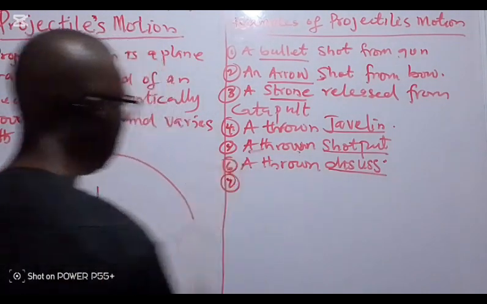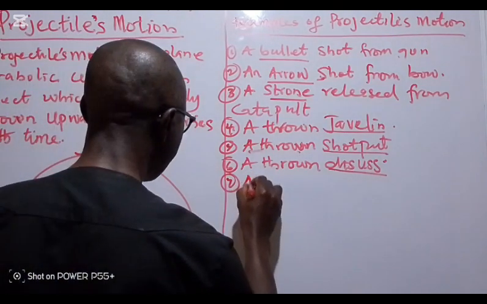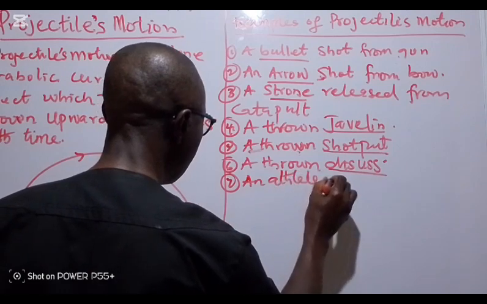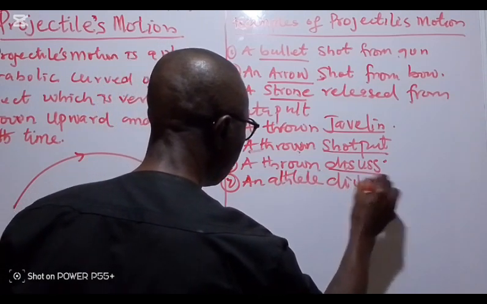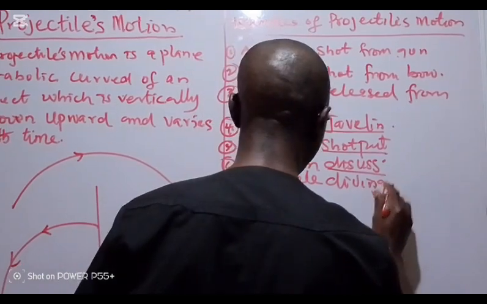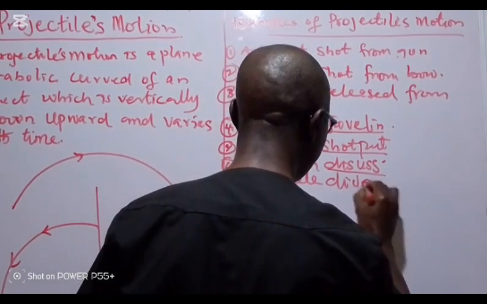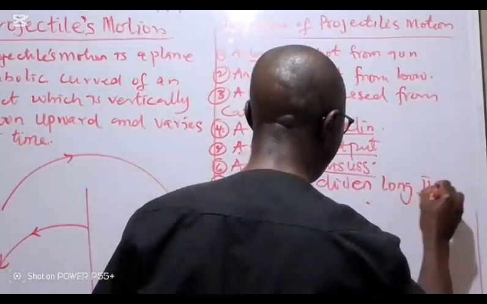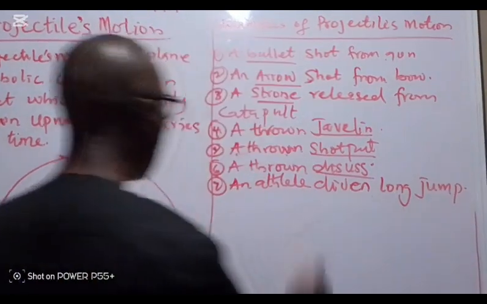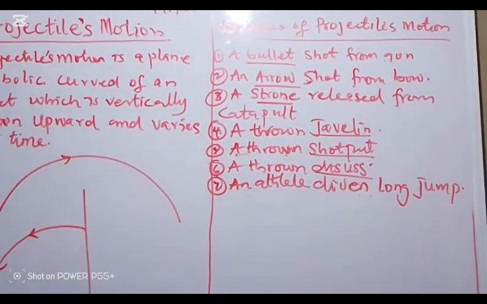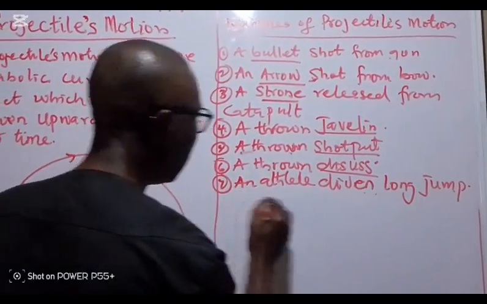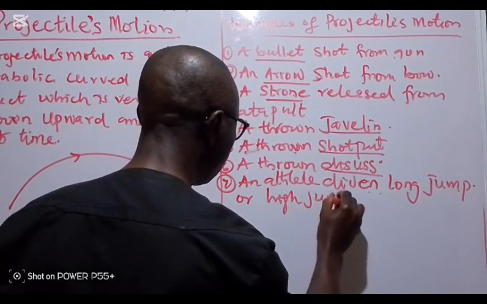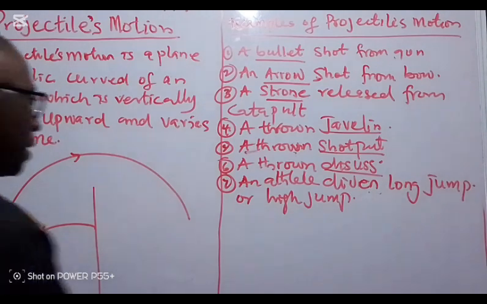Number 7, an athlete diving, long jump, or high jump.